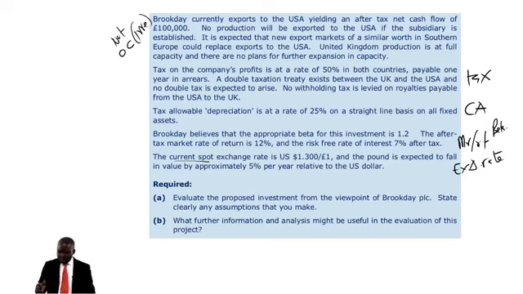So here, what is the way he's expecting us to calculate the exchange rate? Question is saying the current spot exchange rate is $1.3 to £1. And the pound is expected to fall in value by approximately 5% per year relative to the US dollar. What is it telling us? The pound is expected to fall in value.